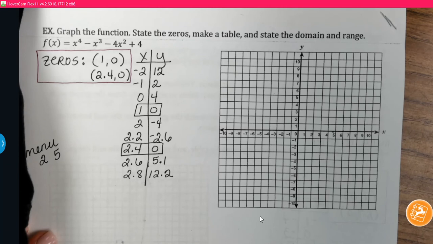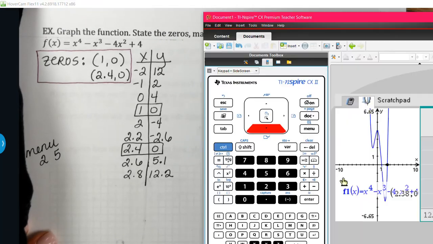So if I keep looking at this, I should have a curve here, a curve around the y-intercept, and a curve below here. Okay?